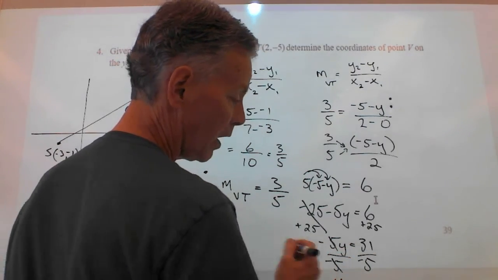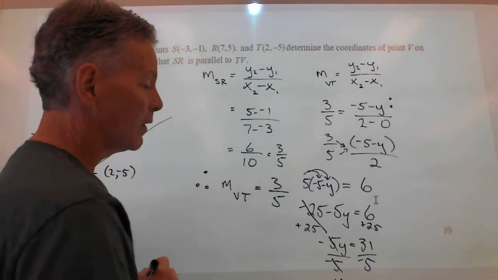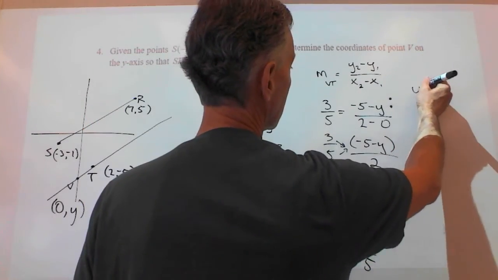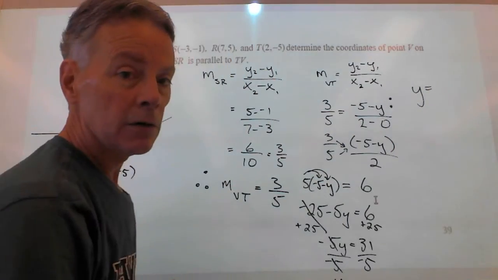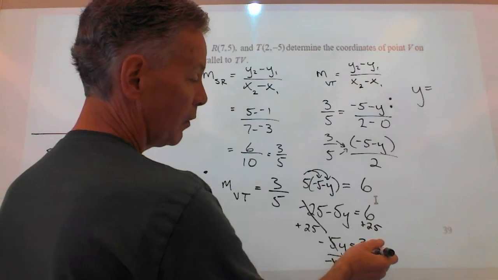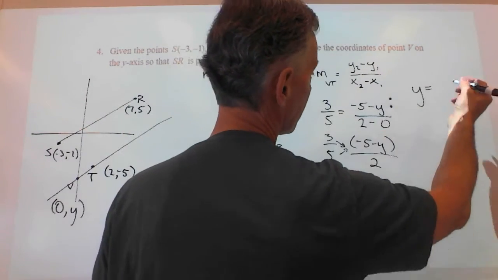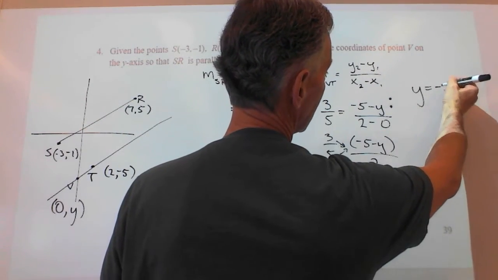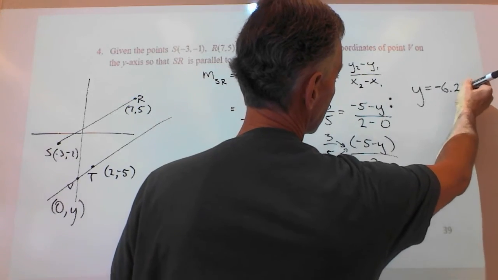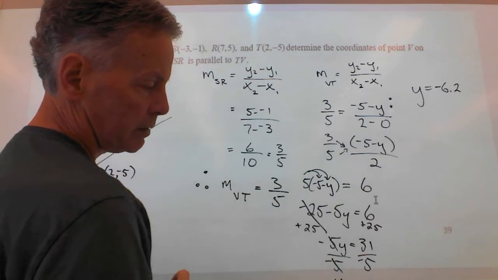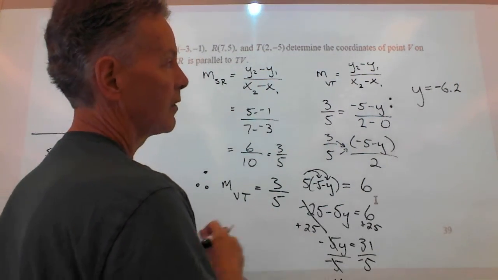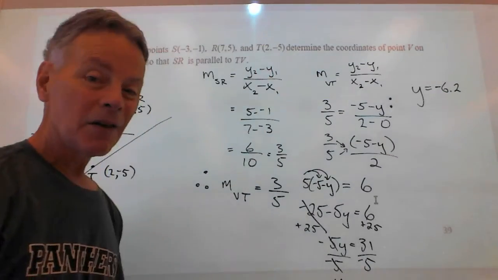That leaves you with y on this side, and 31 divided by negative 5 would be negative 6.2, right? Yes, negative 6.2.